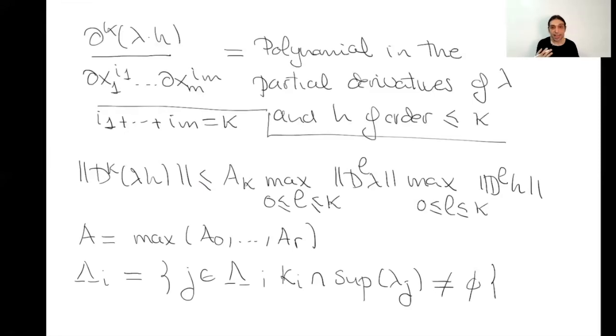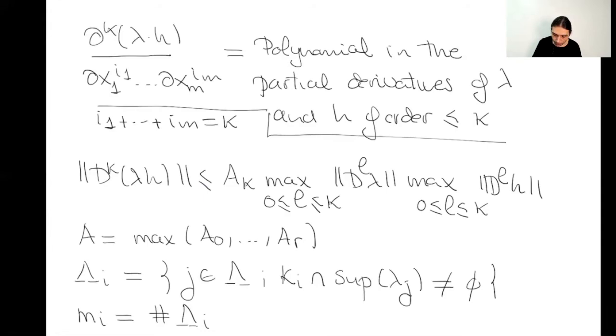This subset of lambda is finite because the family of supports is locally finite, and so just finitely many supports intersect any compact set. So we are going to call Ni the cardinal of this finite set.